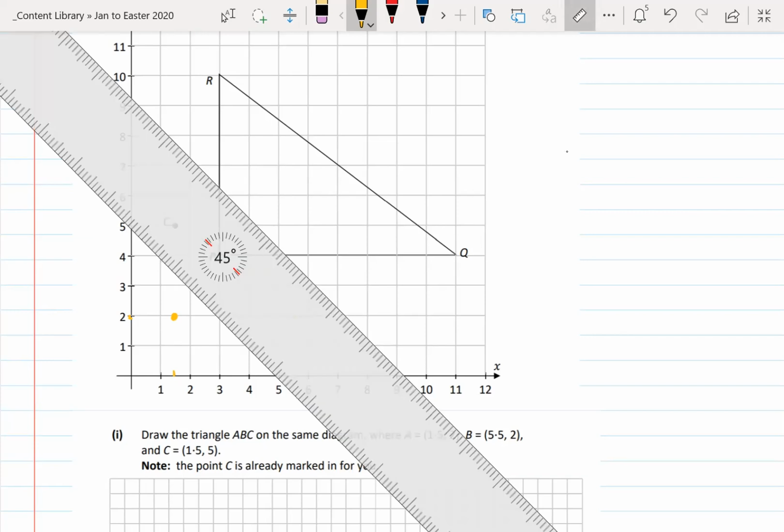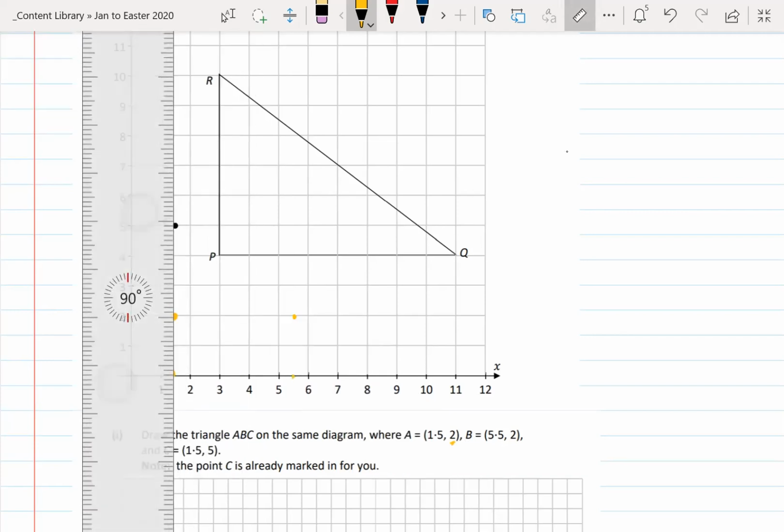So let's draw that triangle. Get your ruler.